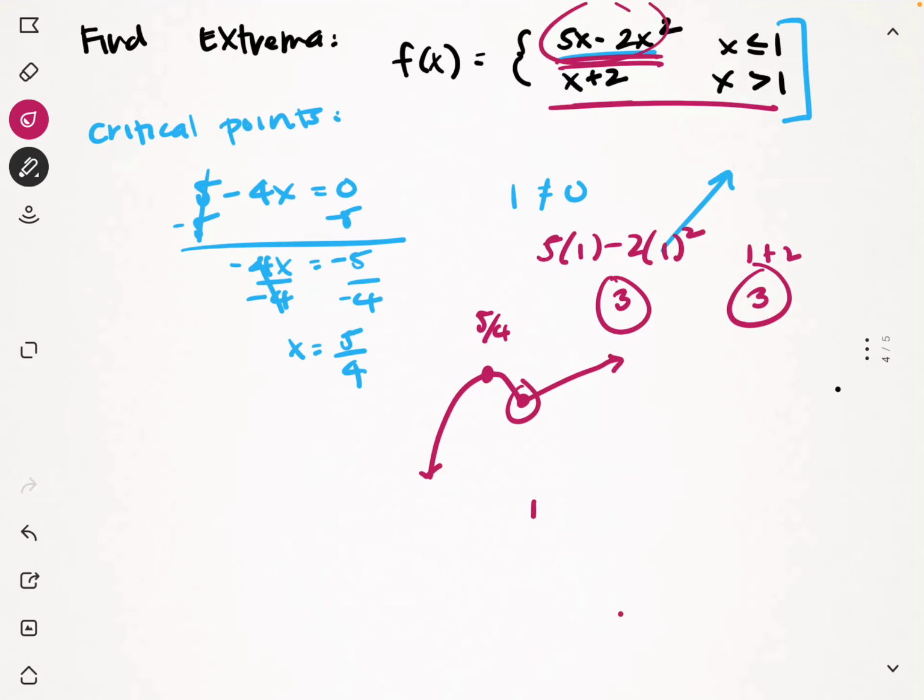Okay, we're okay. And then we have one here. So the maximum here would be at 5/4. And then the minimum would be at 1. Minimum would be at 1.